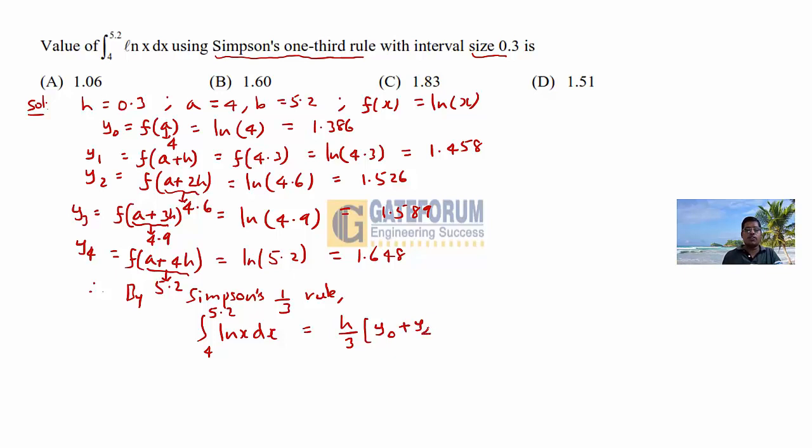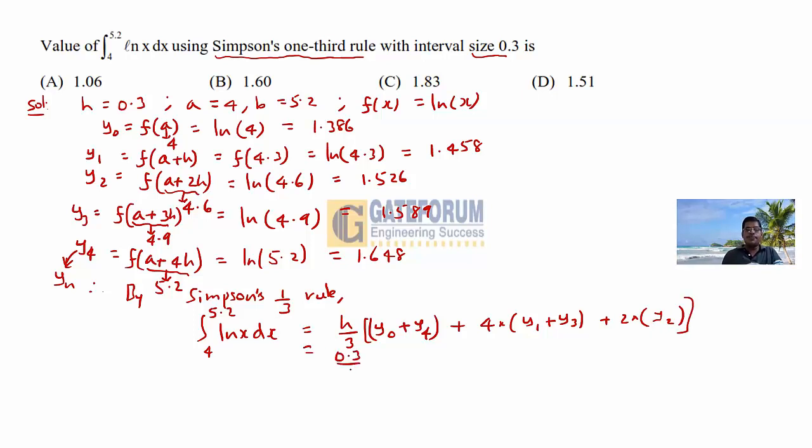Yn means the last ordinate value, usually this y4 in our concept, plus 4 times the sum of the odd suffix y values, that is y1 plus y3, plus 2 times the sum of the even suffix y values except the end y values, that is extreme y values, y0 and yn. So there is only y2.